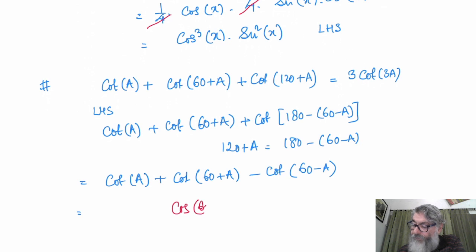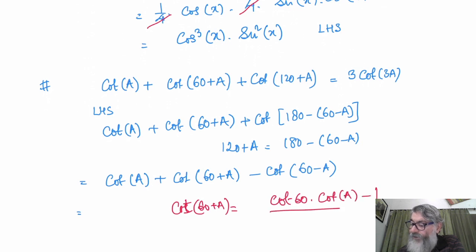Cot (60 plus A) can be written as (cot 60 cot A minus 1) upon (cot A plus cot 60).